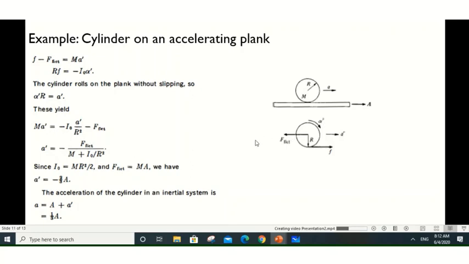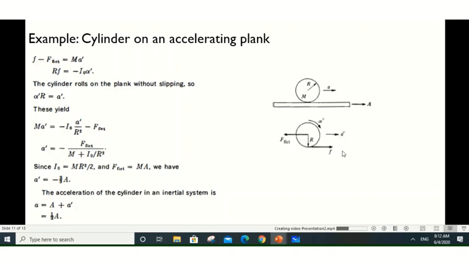The second is the fictitious force, acting in the opposite direction of the acceleration, so F fictitious can be written as minus mA. And the third one is the frictional force, which is also acting in the forward direction.